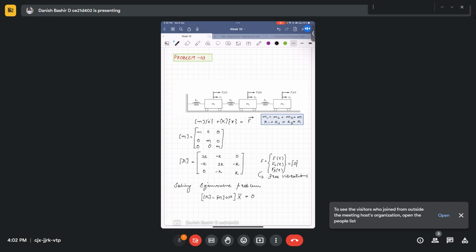So for that, the determinant of K minus omega square M should be equal to 0. So when we solve this problem, K minus M omega square, we will have this thing.